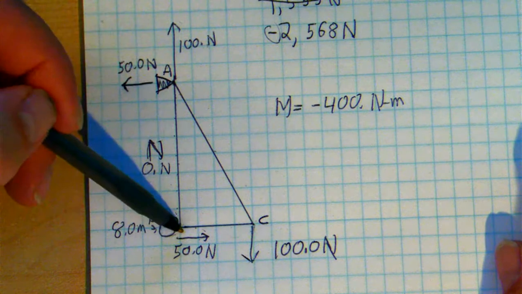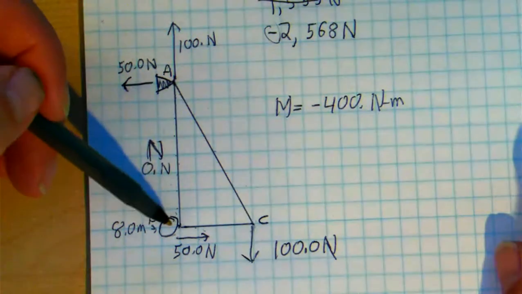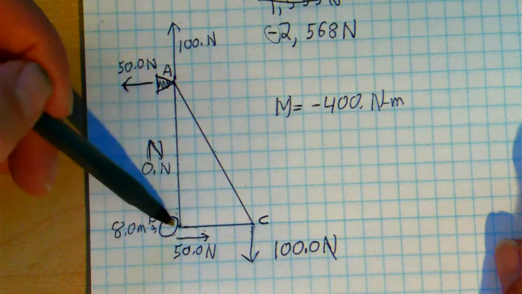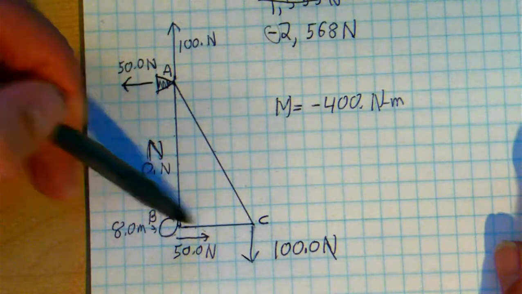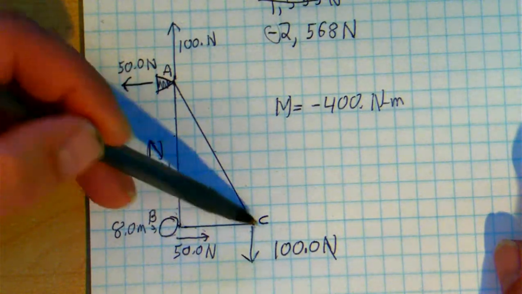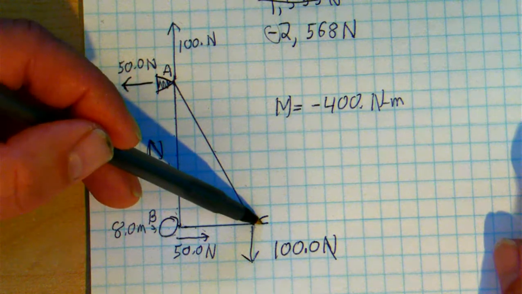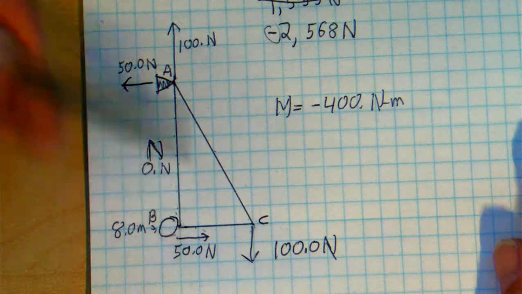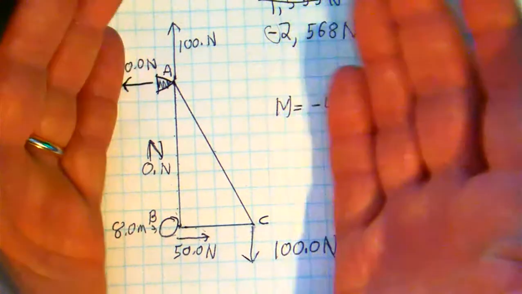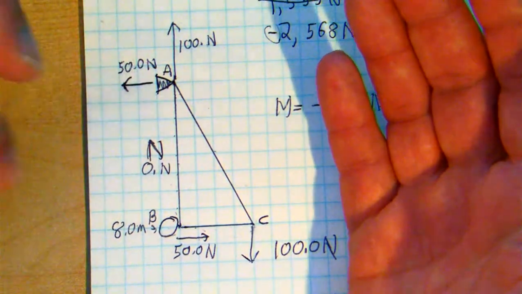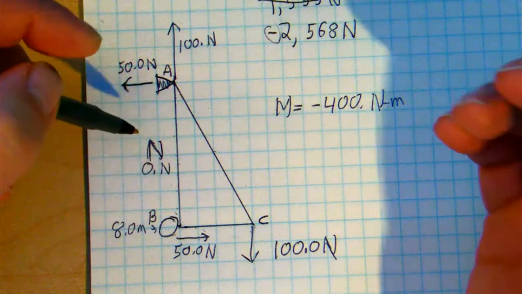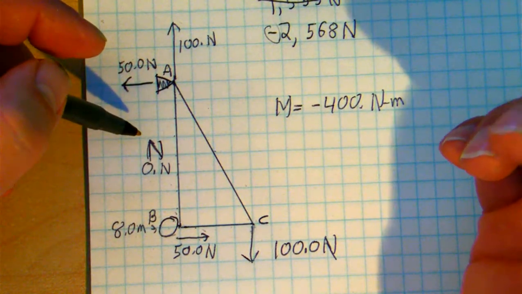Meanwhile, let's take a look at member BC. If B is pushing against this member by 50 newtons, then C is pushing towards B with 50 newtons. So B and C are pushing towards each other, and member BC is under compression.